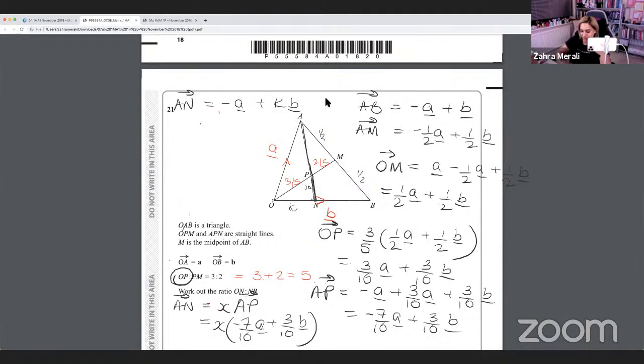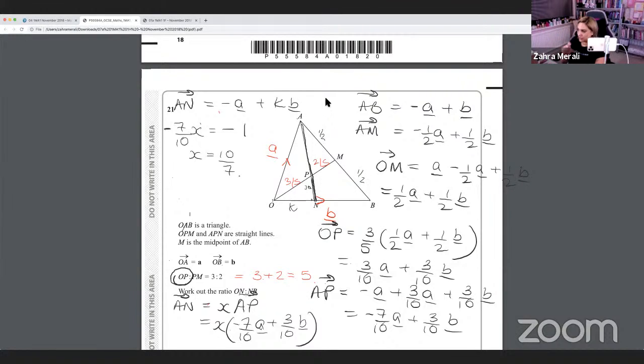So now we match them up. Can you see we've got A to N written in two different ways? So we can see that minus 7/10 X is the same as minus 1. So X must be 10 over 7.